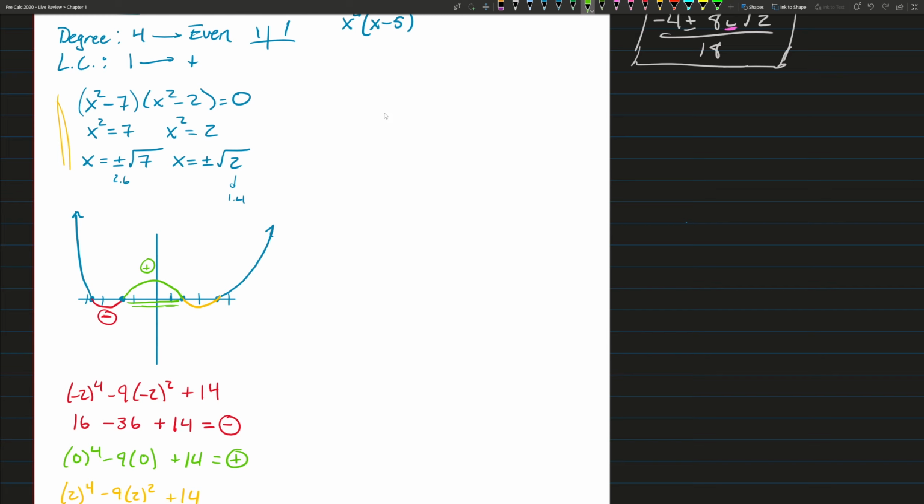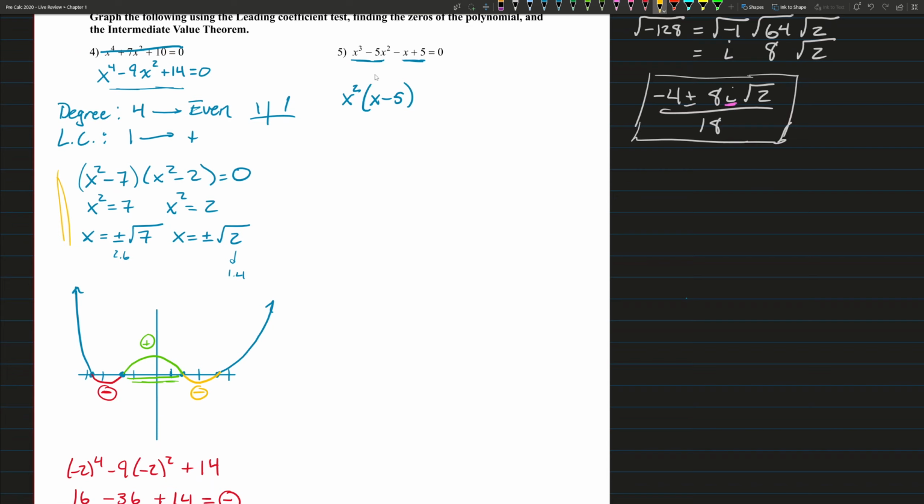So if we get a positive value between two zeros, every value between those two zeros is positive. So it has to come above the x-axis. Same thing with negative. If you get a negative between two zeros, all those values have to be negative. And then same over here. That's basically what it says. There's a lot more formal of a definition, but you're going to go over that in calculus.